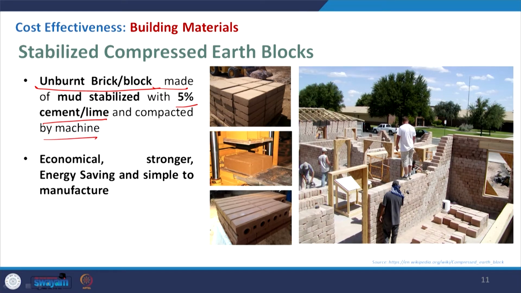So, that is giving enough strength, and this is economical, stronger than the conventional one, and also saves energy. Like in the traditional process, the mud has to be burned and that needs some fuel and all, and then simple manufacturing, and here you can see that this block can be used, that is giving enough strength.